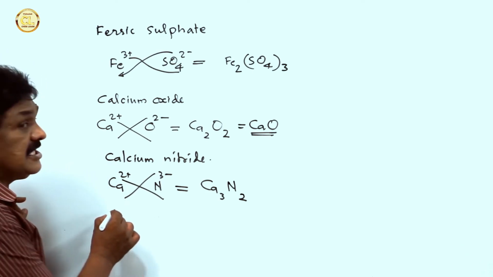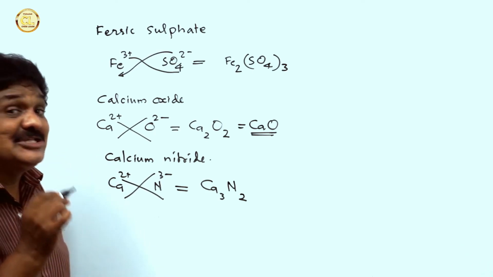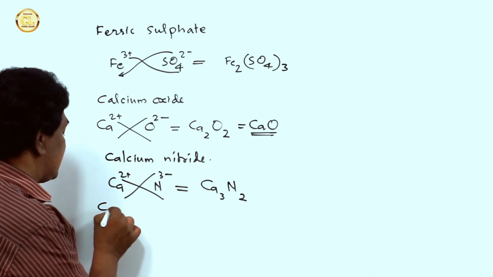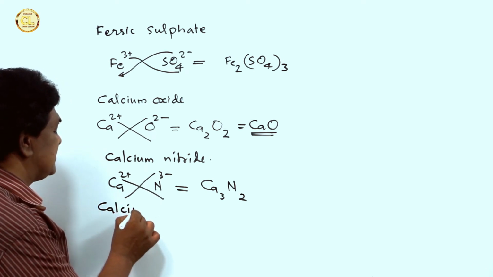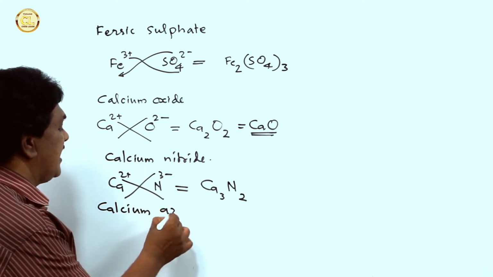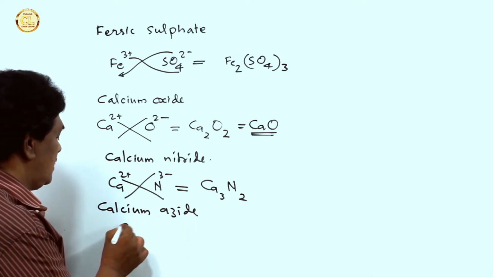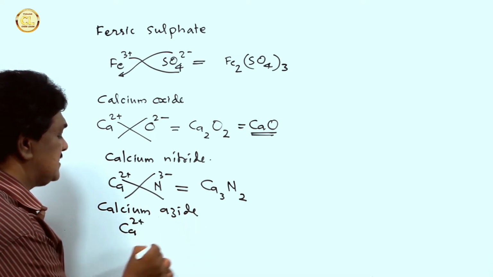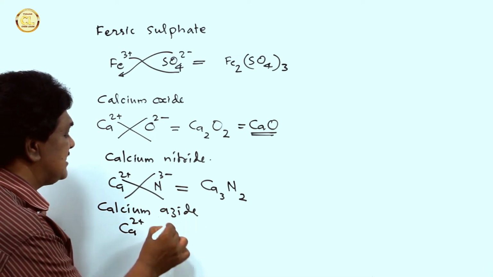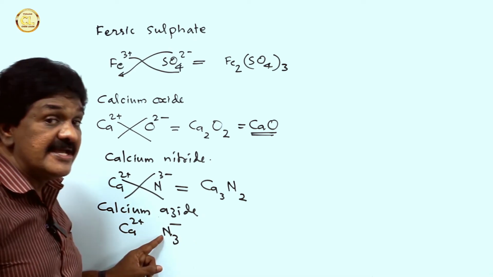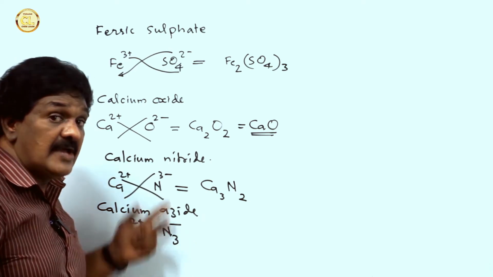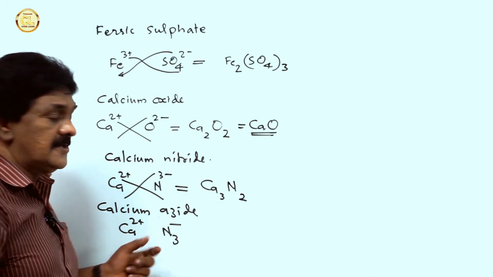Let us check what is the formula of calcium azide. See, calcium azide. You know, calcium is Ca2+. Azide ion is N3-. We have already learned that.